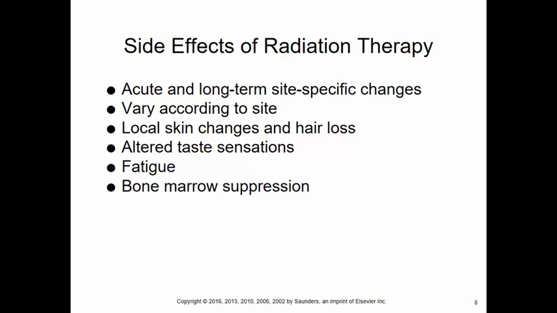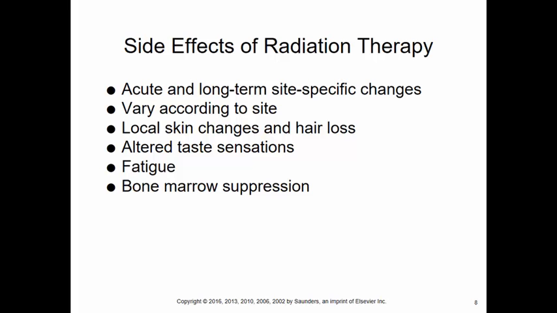Some side effects of radiation therapy are listed here. With radiation therapy, we can't avoid damage to surrounding tissue. Acute changes are going to be local skin changes and hair loss. They're of course going to vary depending on site.